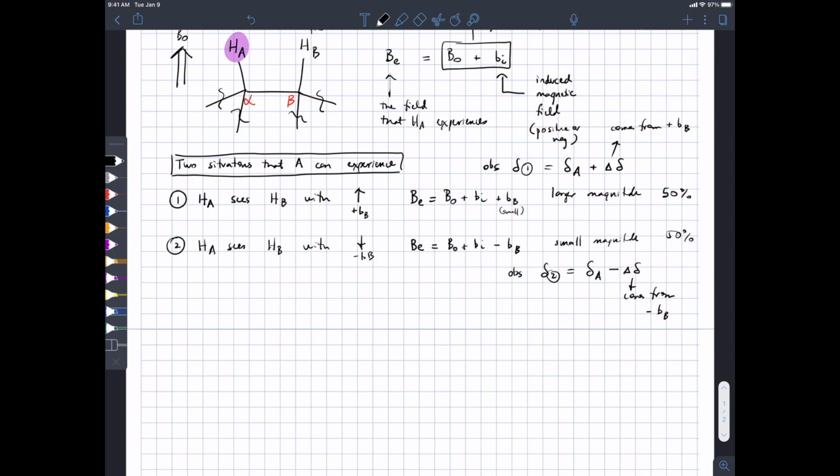Okay? So situation 1, we move to higher chemical shift just a little bit. Situation 2, we move to a little bit lower chemical shift.